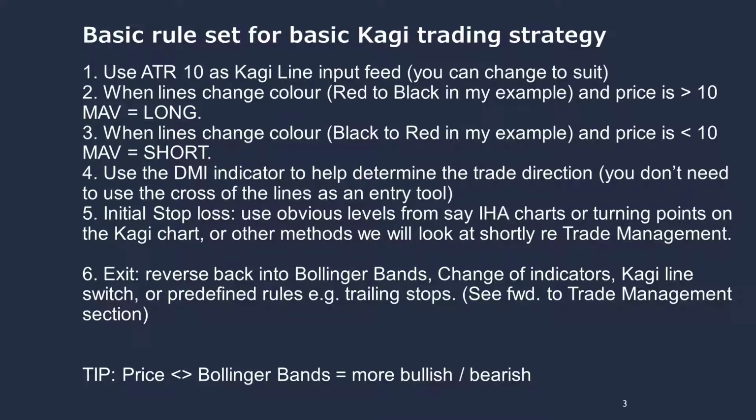Here's a tip for you: if the price is less than or greater than Bollinger Bands, it equals more bullishness or bearishness. So there you go, simple set of rules.